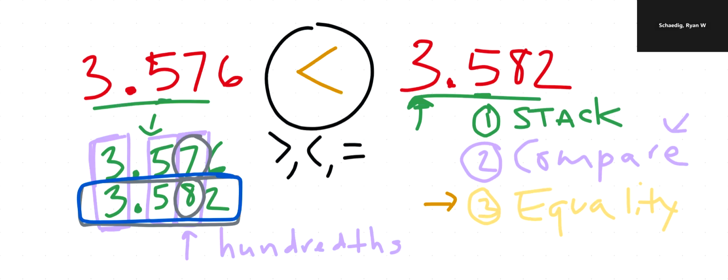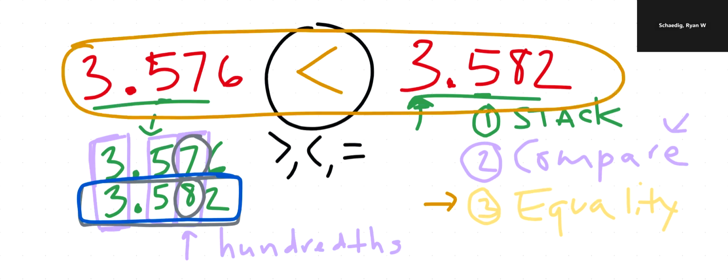Because what this sentence says, and again I'm going to just kind of whoop the whole thing here, I start over on the left side and I read this as 3 and 576 thousandths is less than, that's what this symbol says, 3 and 582 thousandths. And that's the correct work we do with that third step.